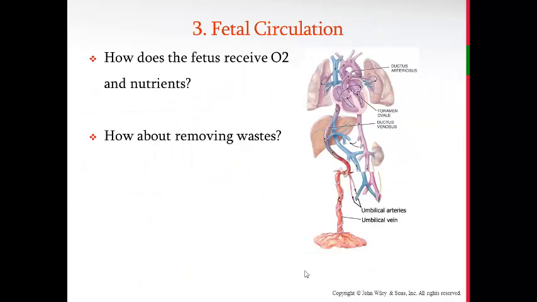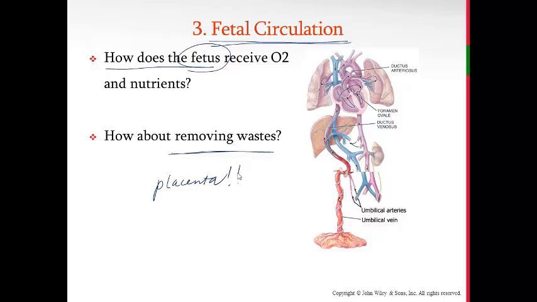Okay. Now, fetal circulation is very interesting because we were all little before in our mommy's womb. So how does a fetus receive oxygen, nutrients, and how do they remove waste? Right, they can't do everything on their own. So everything actually goes through the placenta.